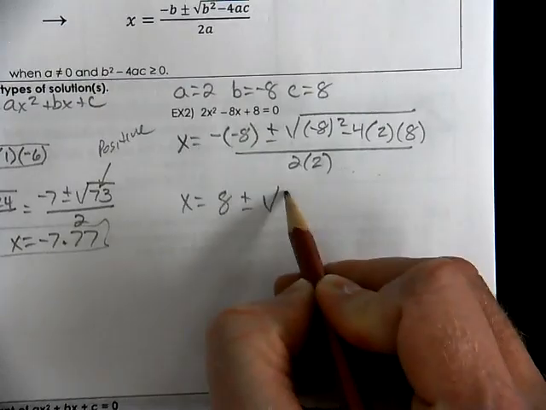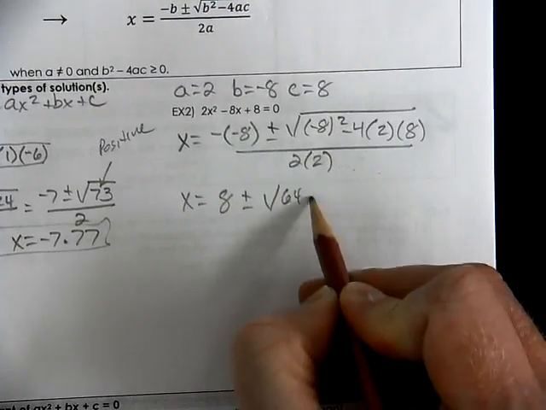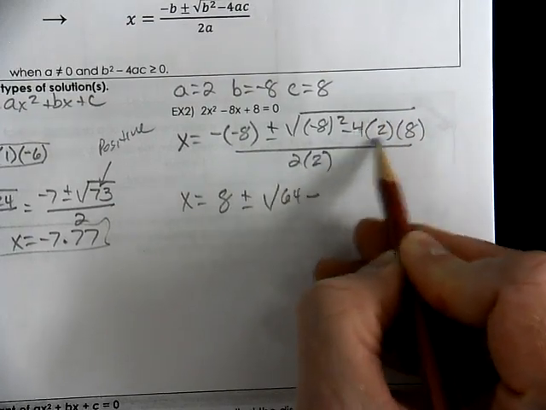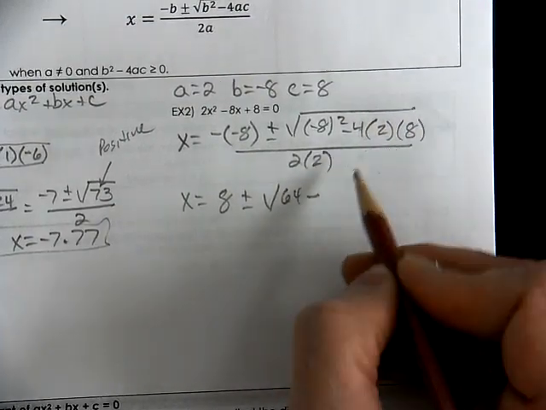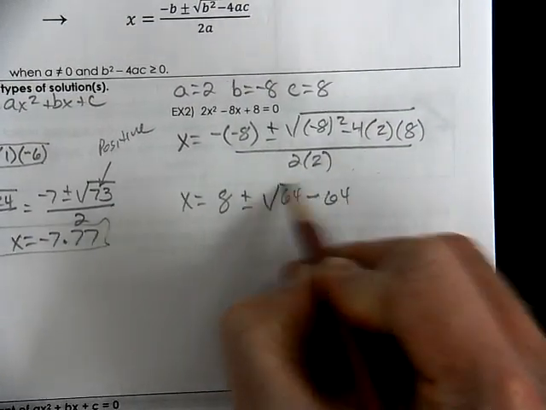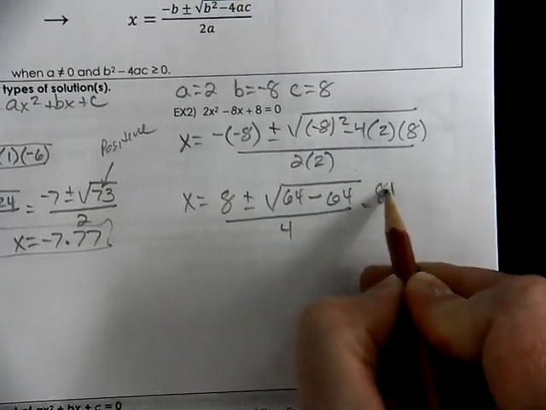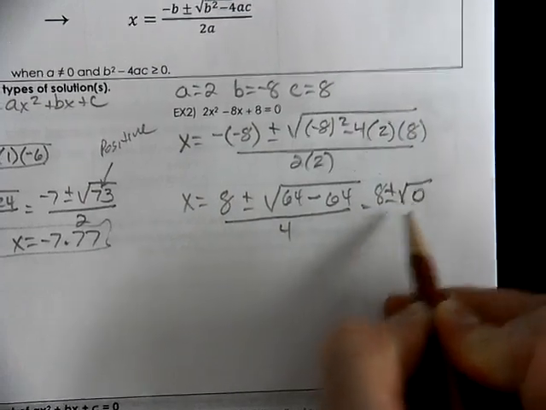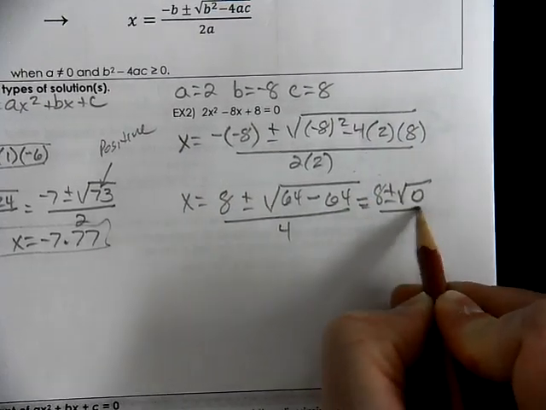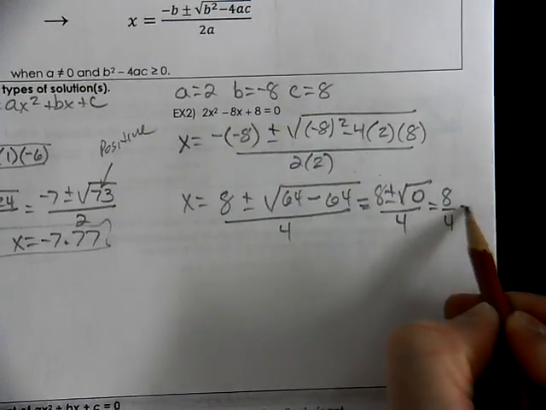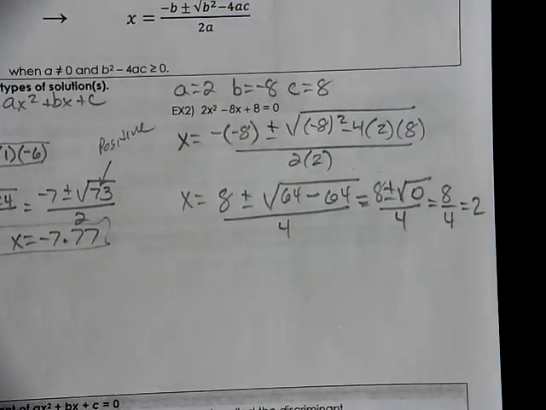So negative 8 squared is 64, minus 4 times 2 is 8, 8 times 8 is 64. Hey, look at that one. This is 8 plus or minus the square root of 0, divided by 4. So really it's 8 divided by 4, which is 2.